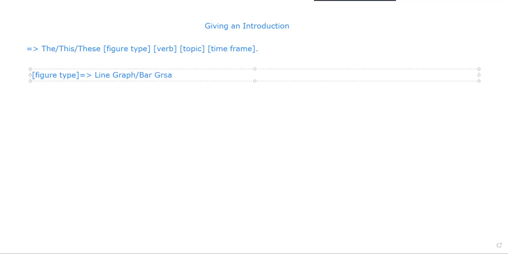All of these will fall under the category of graphs. Line graph, bar graph, column graph, all of these will fall under which category of questions? Can anyone tell me?